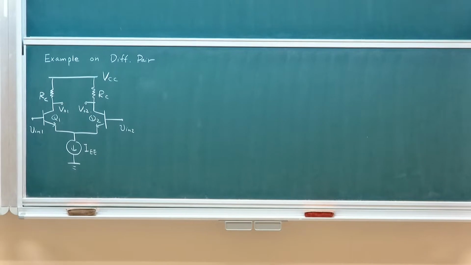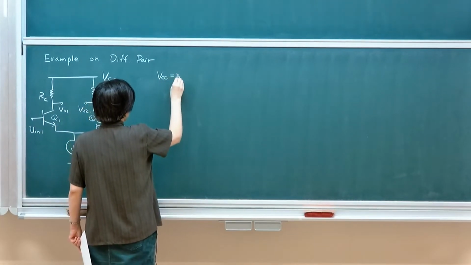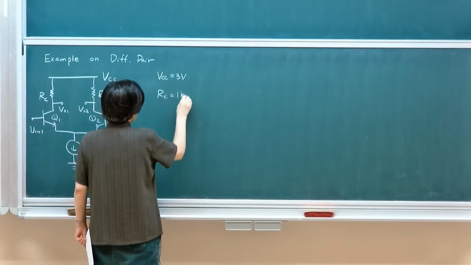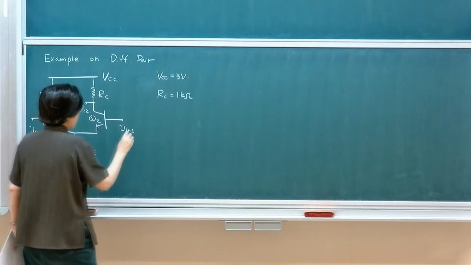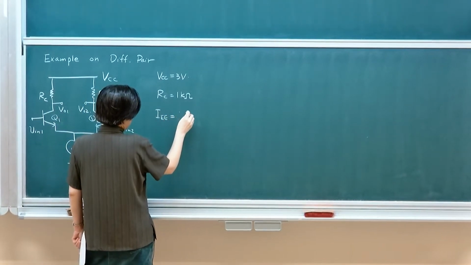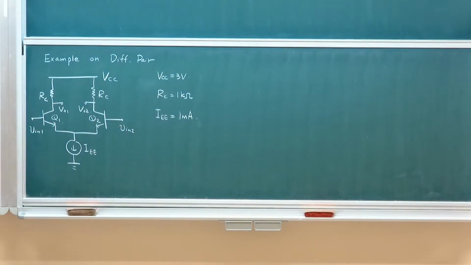There are various questions. Let me first give the parameters. Let's say my VCC is 3 volts, RC is 1 kilo-ohm, just to make our life easier, and I'm assuming that IEE is 1 milliamp.